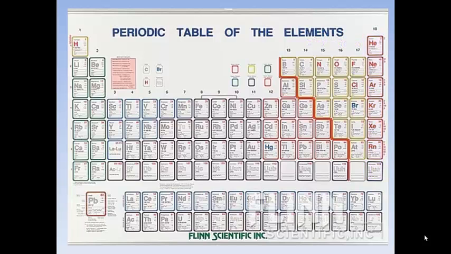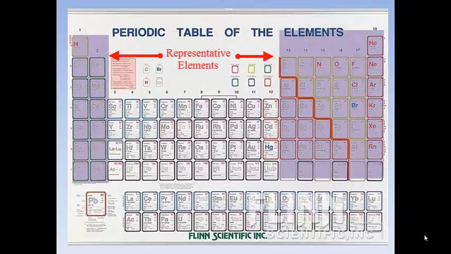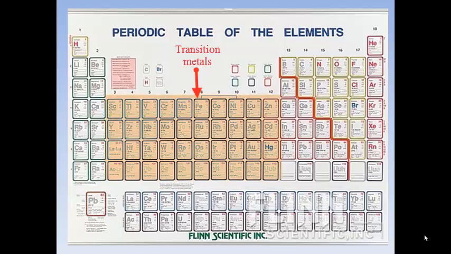Several other definitions you need to know. The elements in groups 1, 2, 13, 14, 15, 16, 17, and 18 are frequently called the representative elements. Columns 3 through 12 are known as the transition metals. They're a little more complicated when it comes to valence electrons.